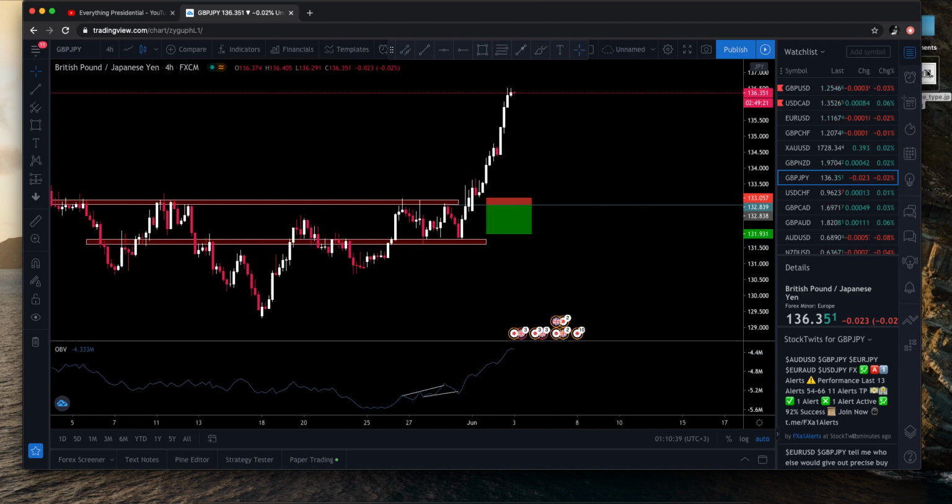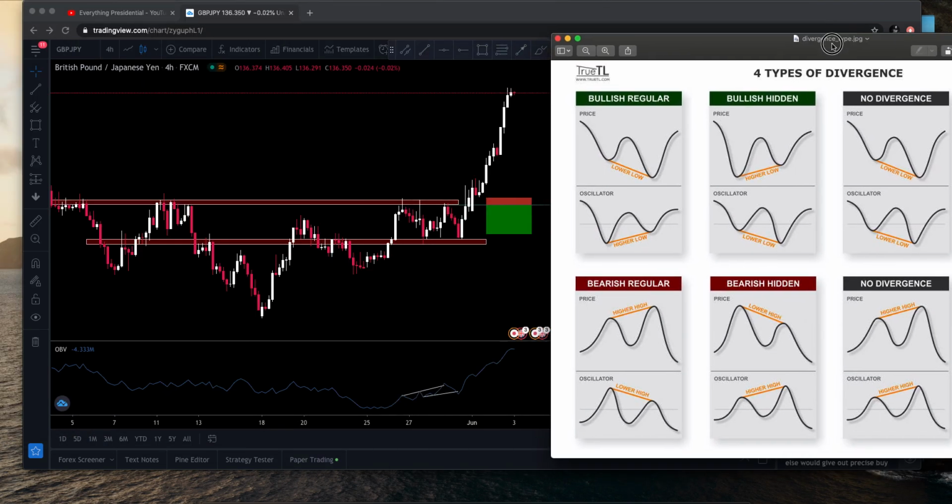So what is this? Well, market is making equal or lower lows. So right here, equal or lower lows, but the indicator is making higher lows, and this is bullish regular.